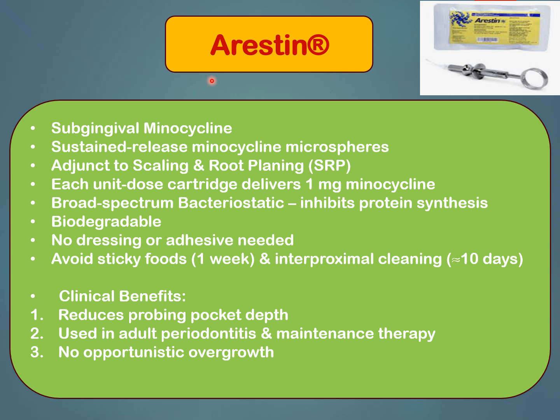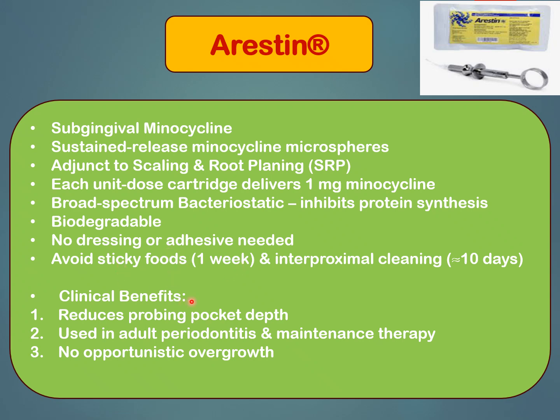So next is Arestin. This is a subgingival minocycline. It shows a sustained release of minocycline microspheres when used as an adjunct to scaling and root planing. Each unit dose cartridge delivers around 1 milligram minocycline, and Arestin is broad spectrum bacteriostatic, that is, it inhibits the protein synthesis. Also it is biodegradable, and we don't need any dressing or adhesive.